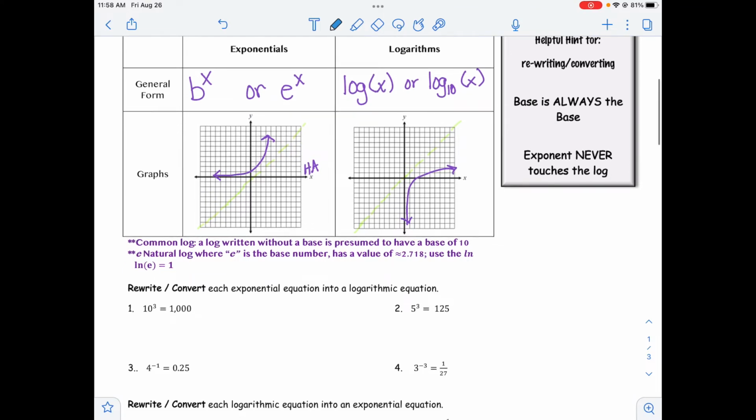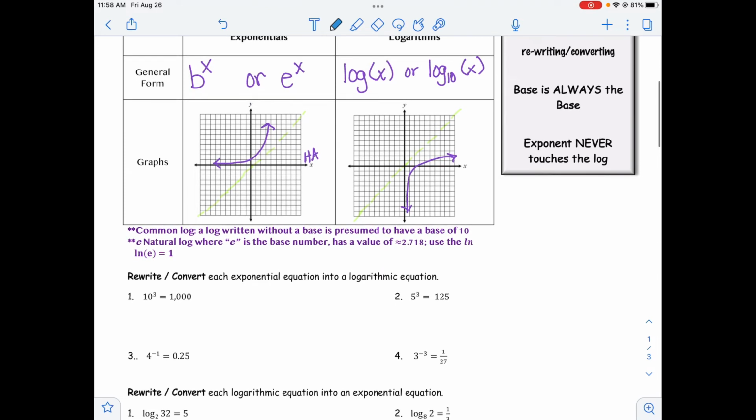Here in number 1, we have 10 raised to the third power equals 1,000. Great, let's write it as a log. We start with log and find our base. Our base is 10. Log base 10, we do not have the log on the same side as the power, so we can't put that next.